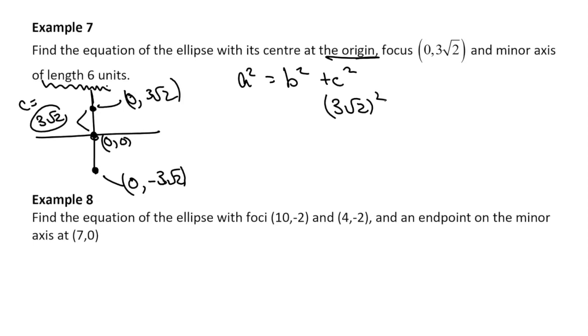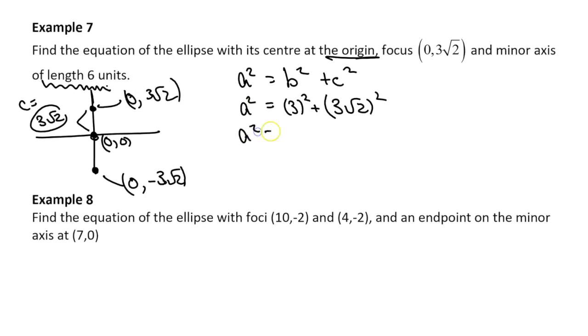And our minor axis is a length of 6 units, which means that you would be going 3 each way from the center. So our b value is going to be a value of 3. And we can solve what a is going to be from that.